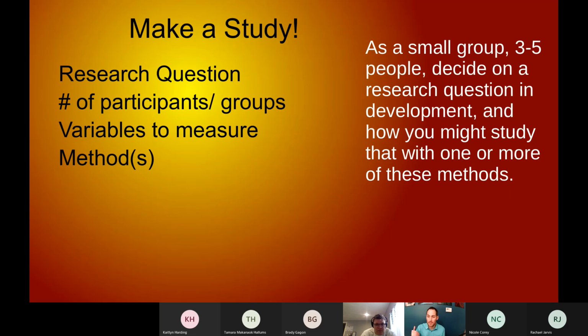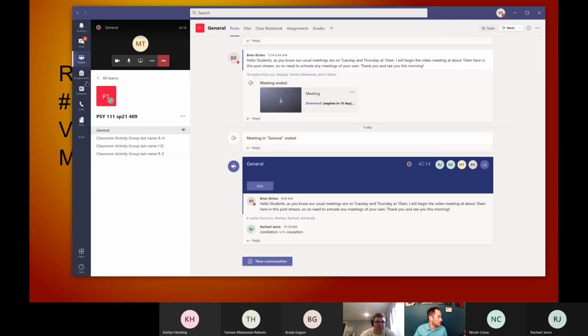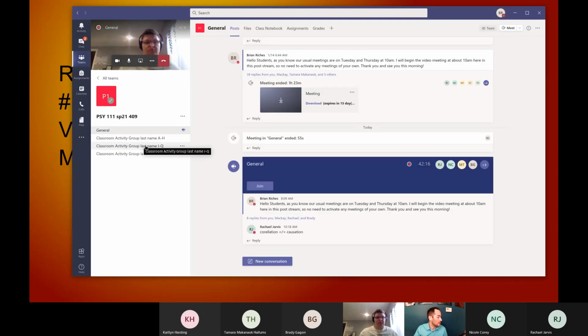So we've got a couple different people. Let's say if you're the bottom 3, so last names of Corey Jarvis and Halams, all of you jump into this small teams room. So this IDQ one, even though I think that doesn't actually fit all of your names.